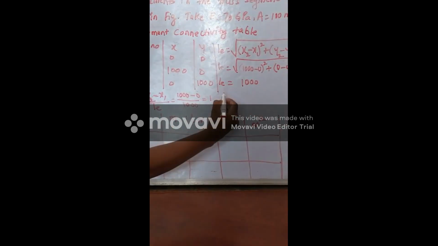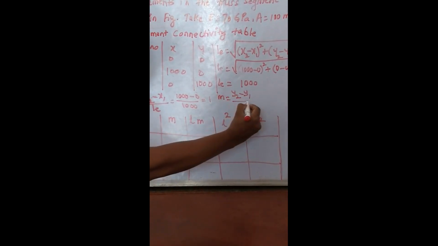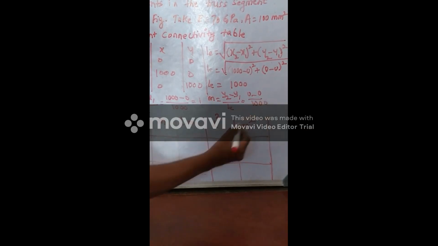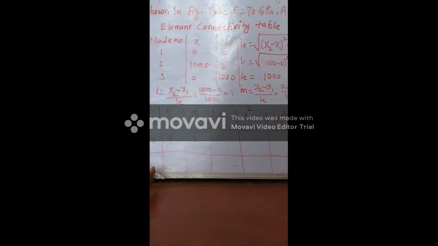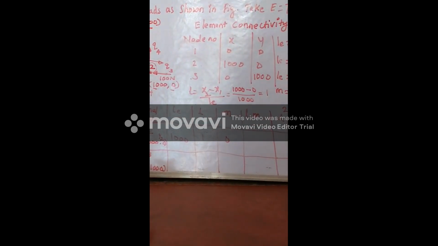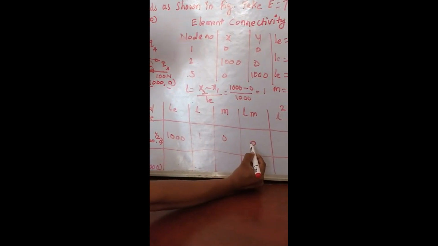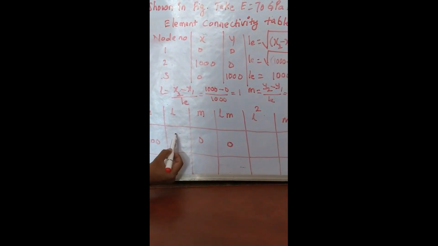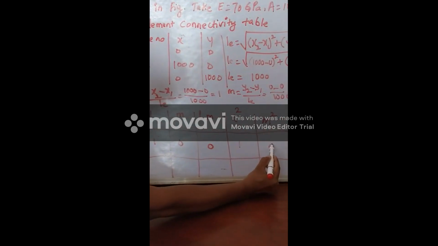Similarly, direction cosine m will be y2 minus y1 divided by the length of the element: 0 minus 0 divided by 1000. Zero divided by anything will be 0, so direction cosine m will be 0. If you multiply these two values, L into m will be 0, L square will be 1, and m square will be 0.